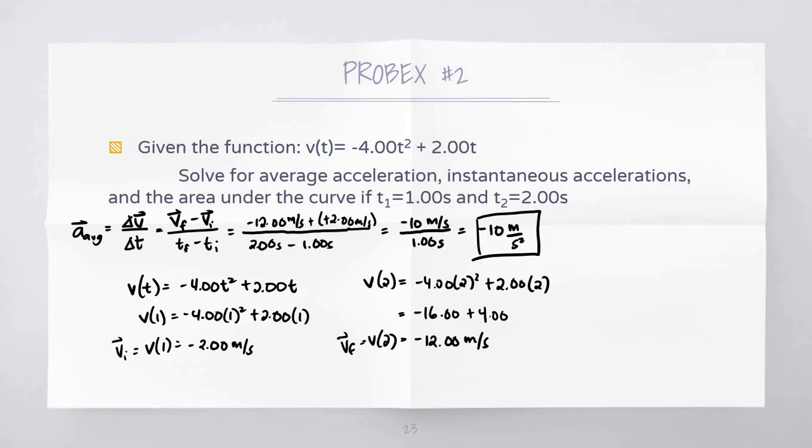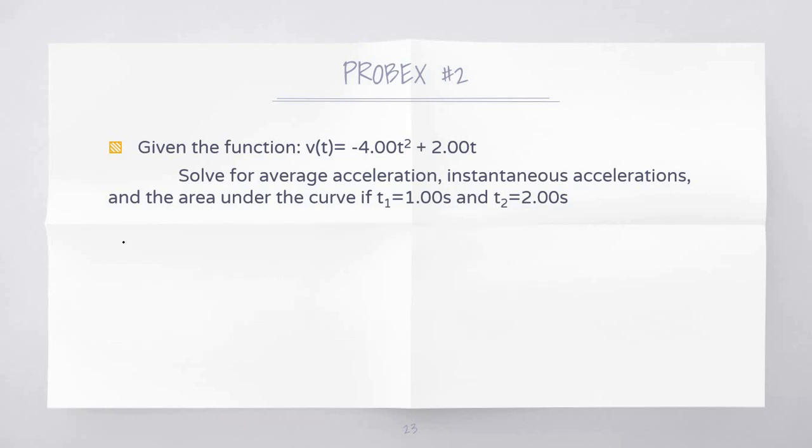I hope there's no questions at all, because it's just like the ones that we've done with the average velocity. So how about the instantaneous acceleration? The formula for instantaneous acceleration will be the first derivative of velocity with respect to time, or the second derivative of position x with respect to time.